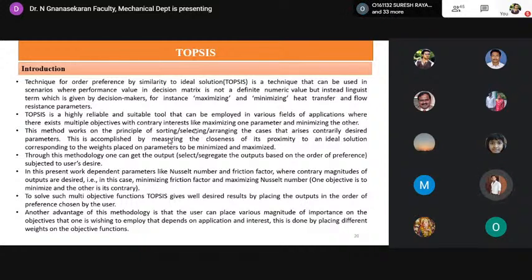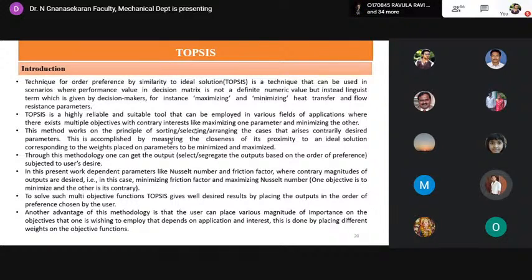This Topsis method has been extensively used in manufacturing and other sectors. Very few literature works are available in the case of heat transfer. That's why we started thinking of applying this Topsis method for heat transfer, to find out the heat transfer characteristics.